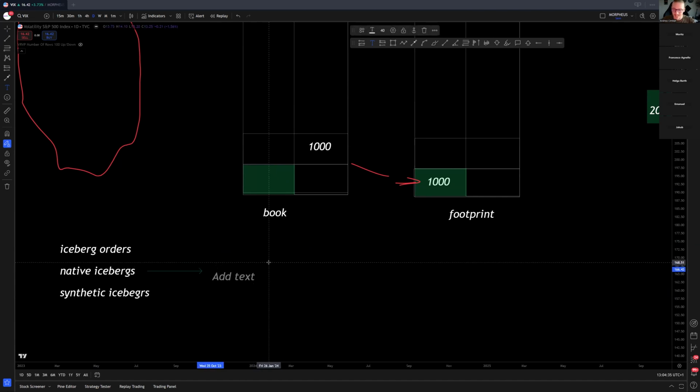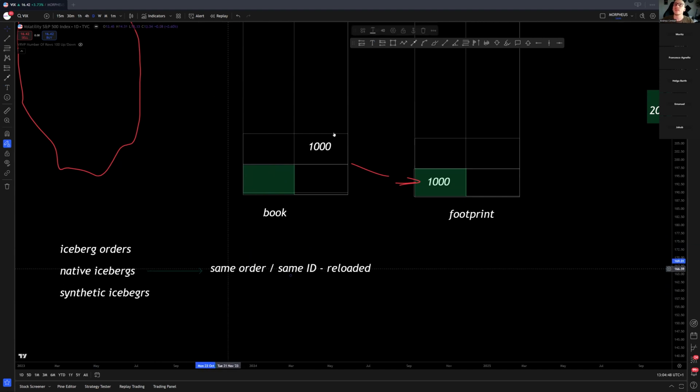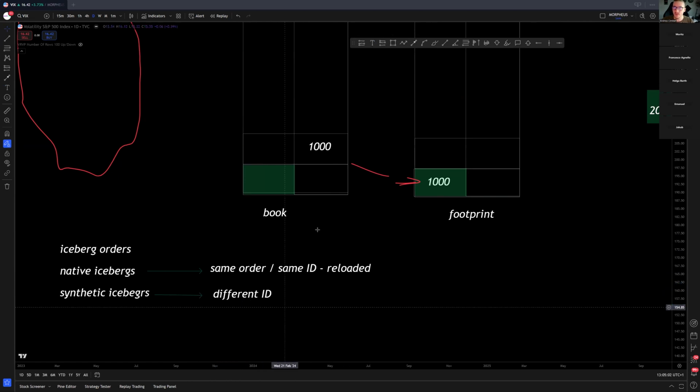Every one of those 20 is actually the same order with the same order ID, simply being reloaded. With synthetic icebergs instead, every order has a different ID. So it's not the same order being reloaded, it's multiple 20 contract orders.